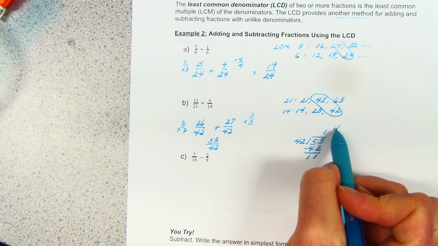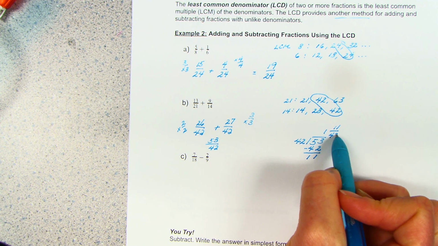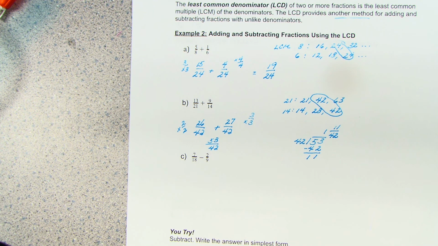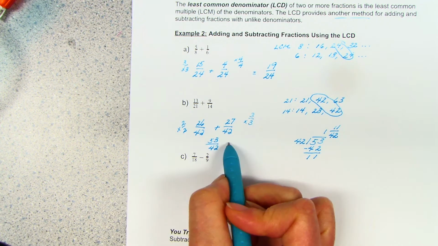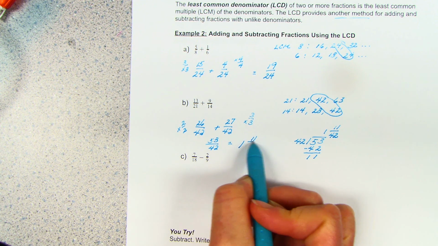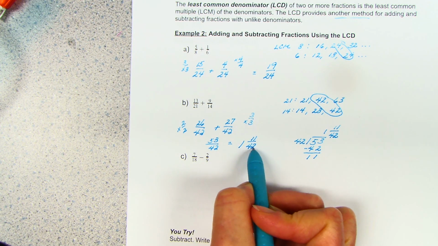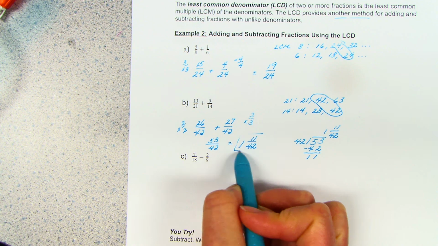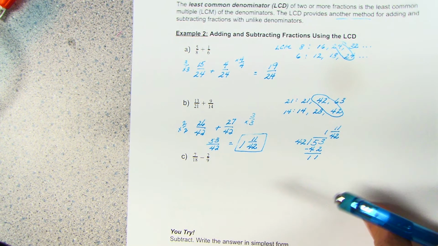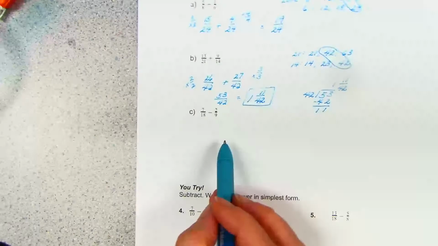So I've got 11 over 42, and I know that 11 will not go into 42. That's as simple as it goes. All right, so you can leave it like this, or you can do 1 and 11 over 42, depending on the problem. All right, let's do one more.